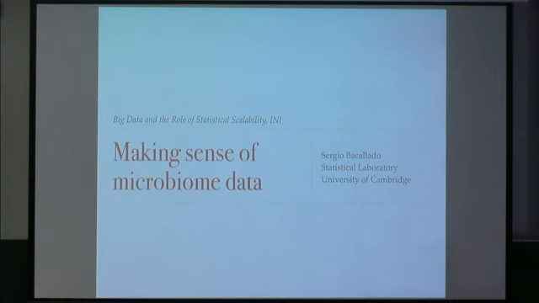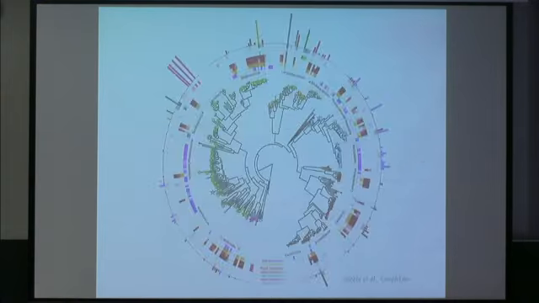Okay, so let's start by just talking about what the human microbiome is. The human microbiome is simply the collection of bacteria that colonize our bodies. What you're seeing in this very pretty picture is a phylogenetic tree in a radial representation. The leaves of this tree are different bacterial species that have been identified in our bodies.